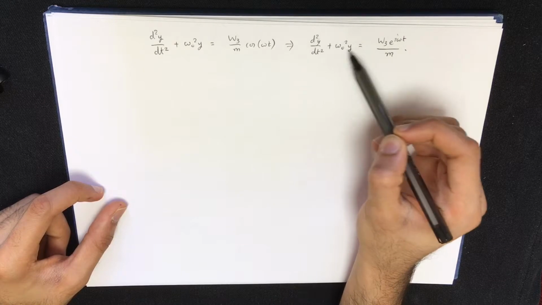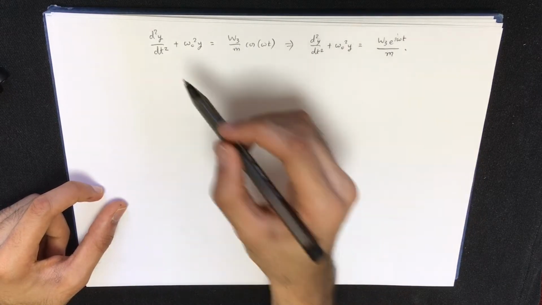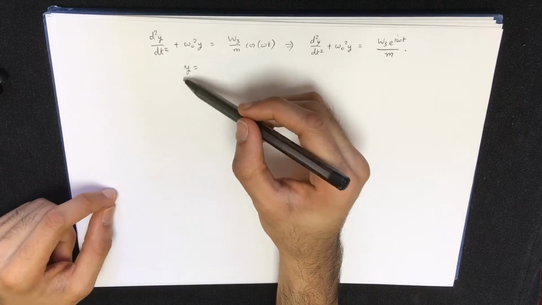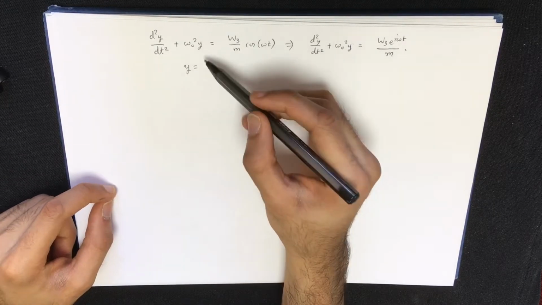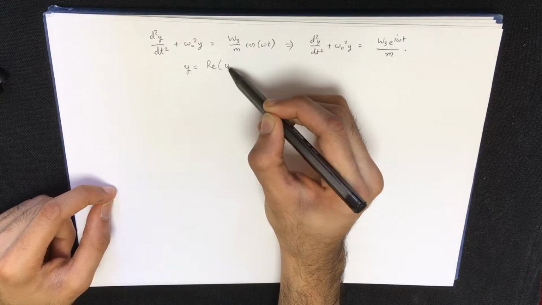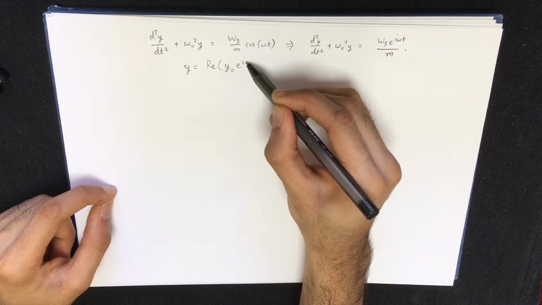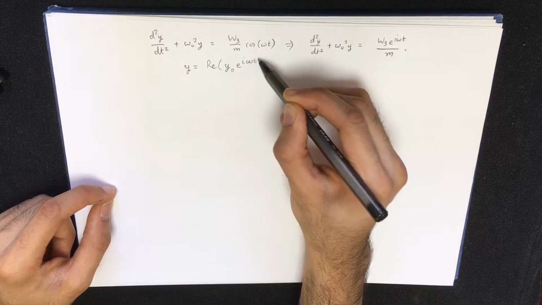Similarly, I can plug in the y complex exponentials. I'm basically going to guess that the solution to y is going to be the real part of a complex exponential with magnitude y naught and a complex phase of e to the I omega t.